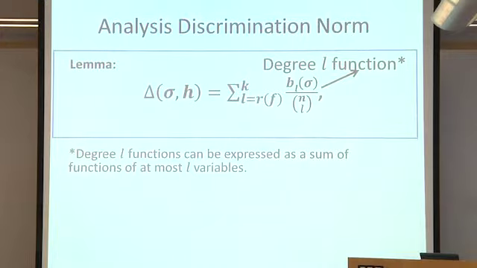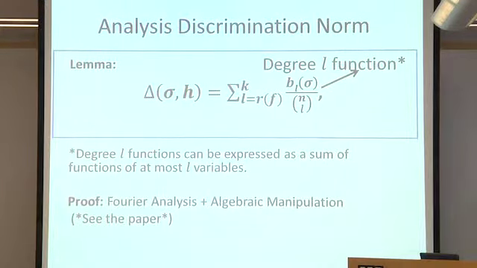And the nice thing here is that B of L is a degree L function with a small norm, divided by roughly n to the L. So we have a sum of a bunch of terms, but n to the L gets bigger as L is larger than R of f. So the dominating term is when we set L equal to R of f, and then we get B of L divided by n to the R of f.